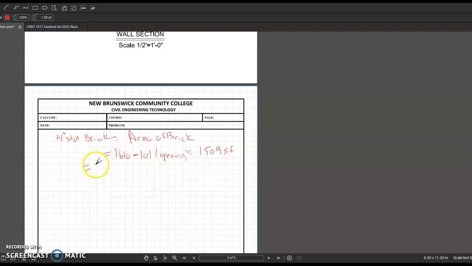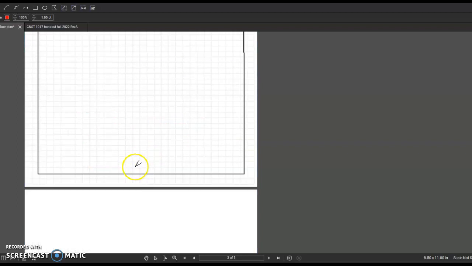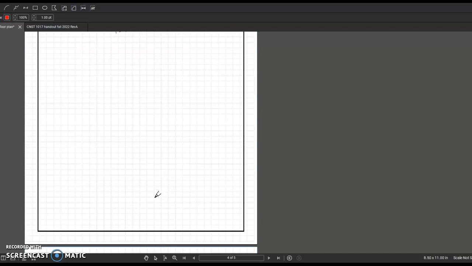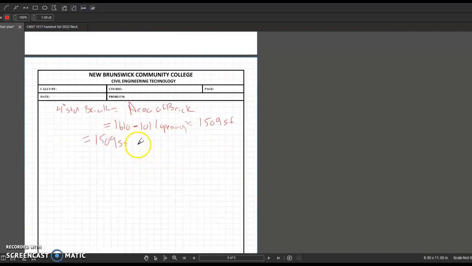So now I need to know how many pieces for every square foot of my 4-inch standard. Go down to my Shaw information here. 4-inch standard, 686 for every 100 square feet. So that's 6.86 for every square foot. Again, that's pieces for every square foot.